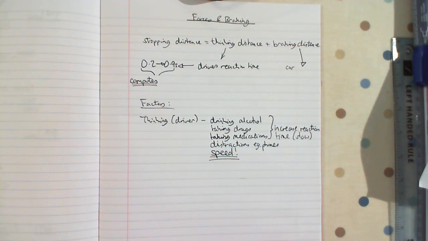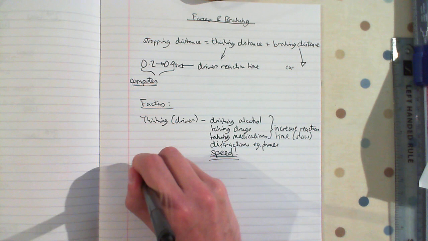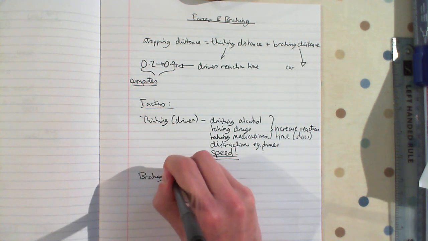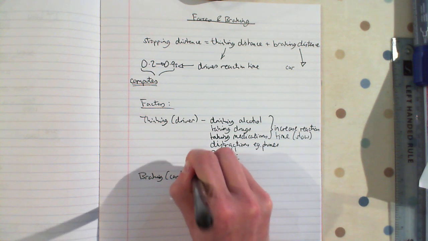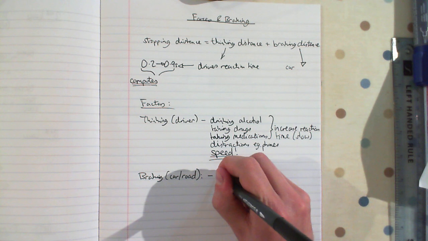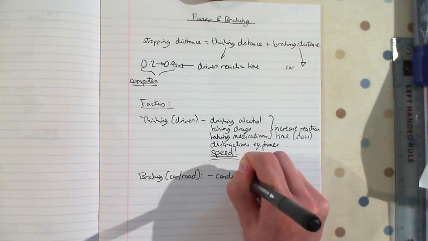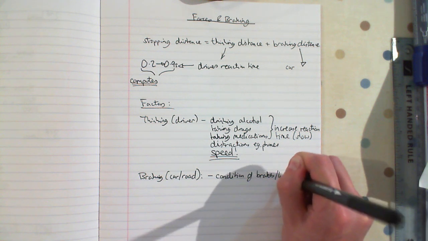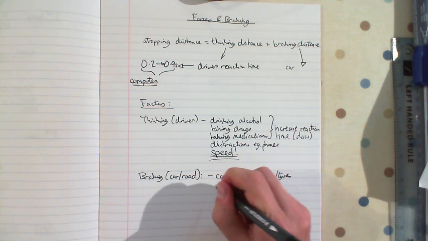So what factors affect the braking distance? So the braking is all about the car and the road. That's the way I look at it. And anything that affects the car, such as condition of the brakes or the tyres, the condition of the road.